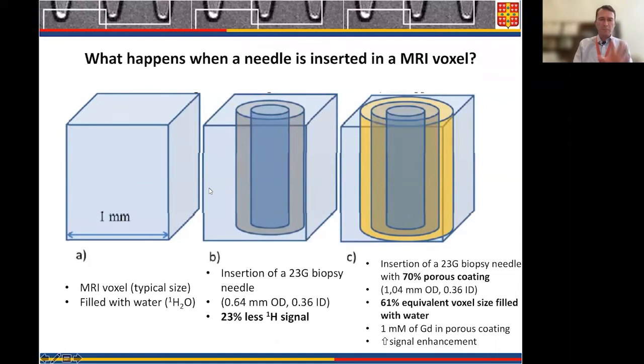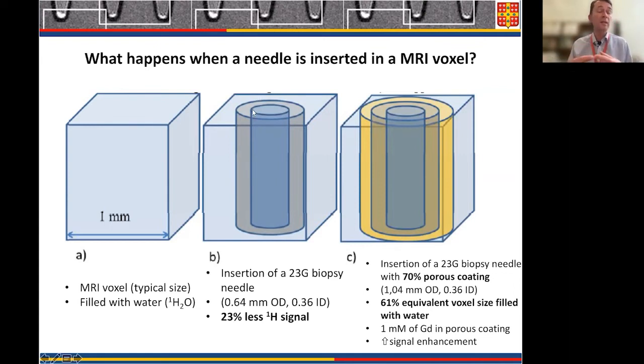And in this representation, you have a voxel of MRI. A voxel is the basic unit, the volume unit of imaging in MRI. So a basic voxel is 1 millimeter times 1 millimeter times 1 millimeter, if we make an approximation. And when you insert a needle, you will push a lot of water out of that voxel.